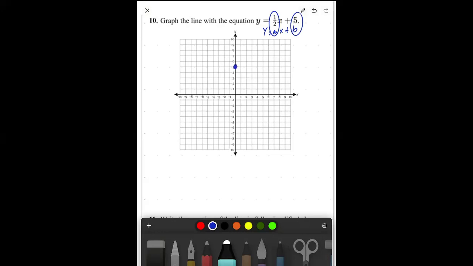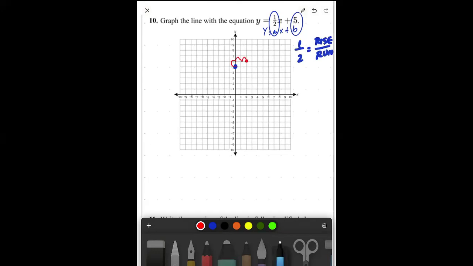And then I'm going to use the slope. The rise is going to be a +1, and the run is going to be a +2. So I'm going to go up 1, boom, and then I'm going to run 2, boom. And so here is my next point.